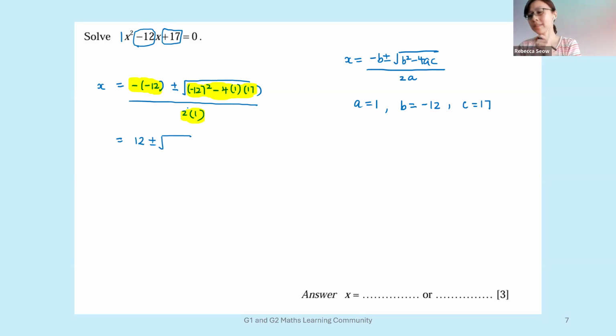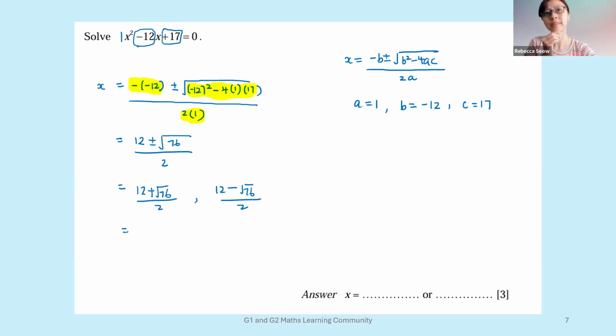Let's work out the values within the square root sign. I ended up with root 76 out of 2 times 1, which is 2. Split up into two mathematical statements: 12 plus root 76 out of 2, or 12 take away root 76 out of 2. And finally, let's work to our answer.